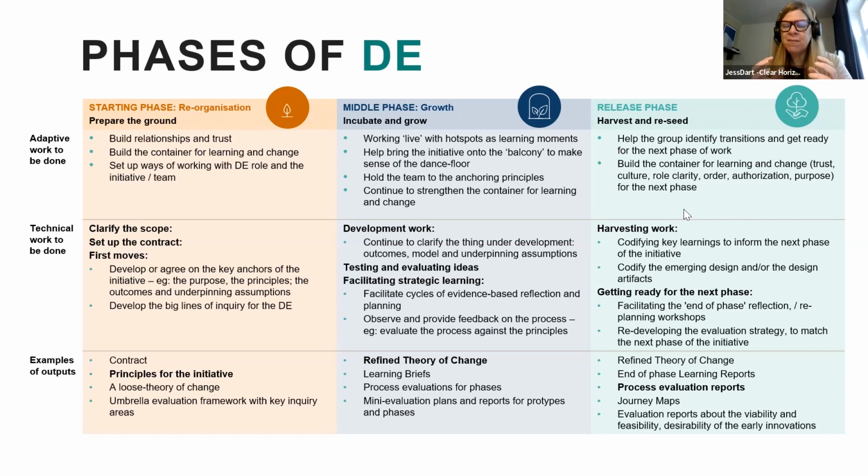We all agree to them, and then we evaluate against them constantly. Even when the design is not formed, there's no theory of change, we evaluate against the principles. That is a really useful and important starting point. At the same time, you can start to build a basic theory of change, trying to understand what it is you're trying to do, what the boundaries are, what your ideas are. So that can happen too, but I would start with the principles.